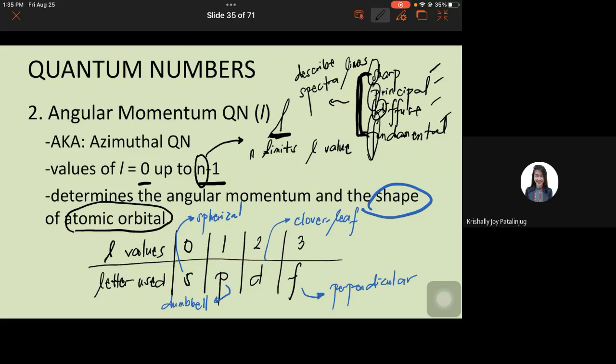So that's the history of why we use these letters. They were just adopted from these words: sharp, principal, diffuse, and fundamental.